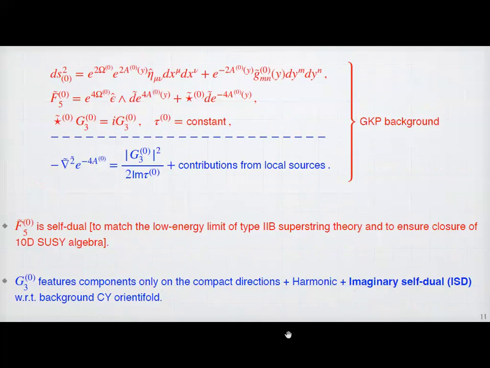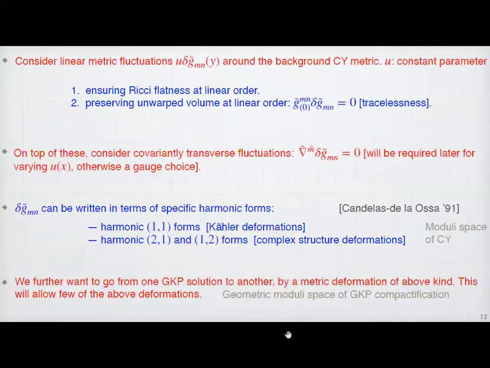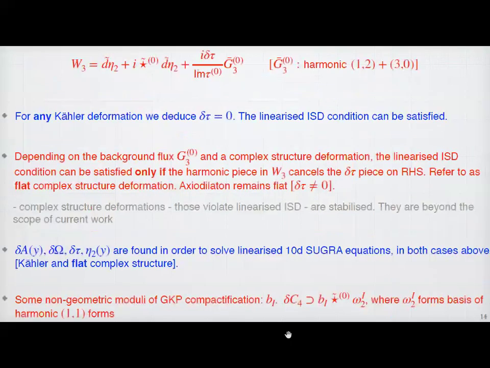I should also say what some other moduli are, so that still it is one GKP solution to another. So those are if you vary the form fields by some set of parameters. In this fashion, where these are the basis of harmonic 1-forms, they are also moduli of the GKP compactification.